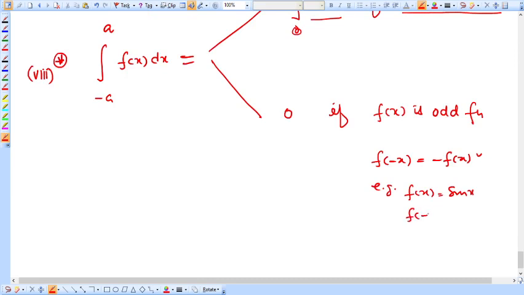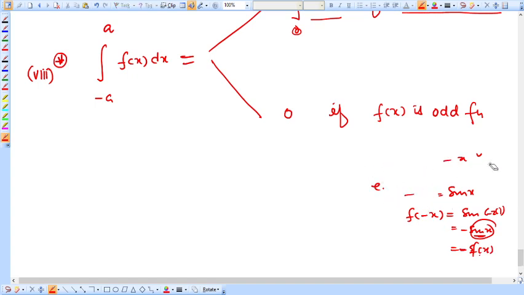So here you see, what is f of minus x? It is equal to minus sin x, okay. So therefore this is equal to minus f of x, therefore sin x is an odd function, right. So I hope it is clear. So it is equal to 0, right.